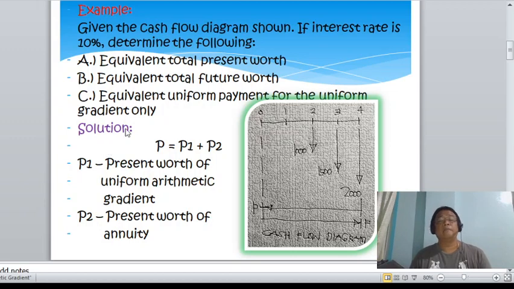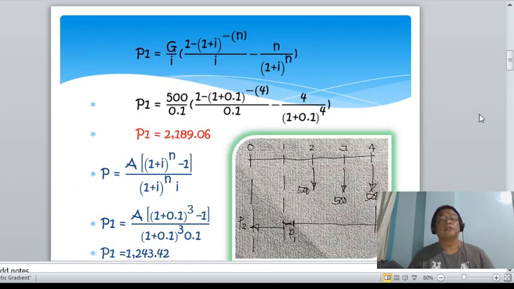So meaning we also have an amount of the uniform payment A. Okay? Which is also shown in the second slide. Okay. So next, for P sub 1, we have the derived equation. So this equation was presented in the first part of the presentation of this topic. Okay?